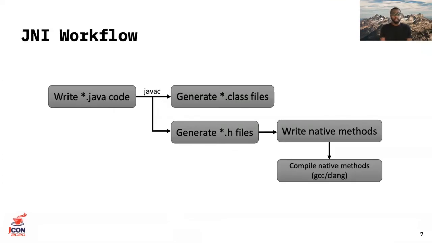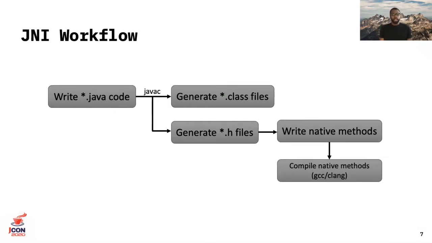So here's basically the overview of interacting with native libraries. First, you write Java code, and you write your native function declarations, and then you generate the Java class files using javac. Then you have to write the native header function declarations, or you can use javah in some older JDKs where it's still available to generate the header files.